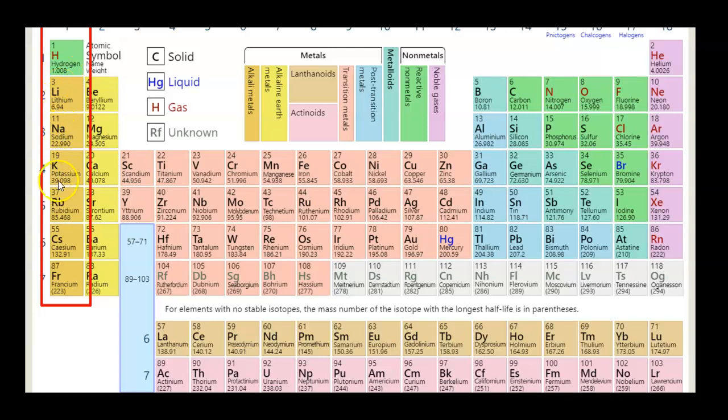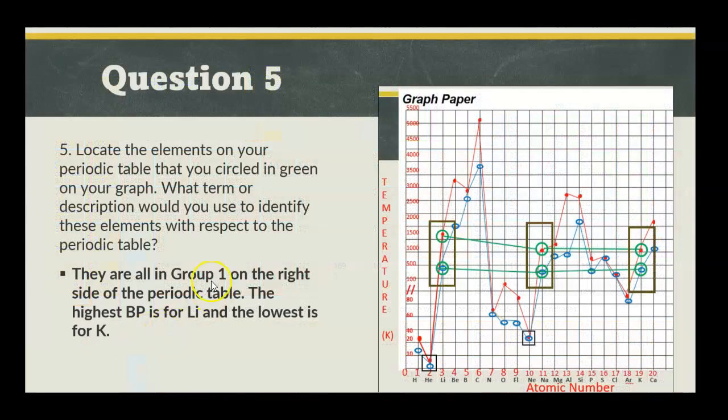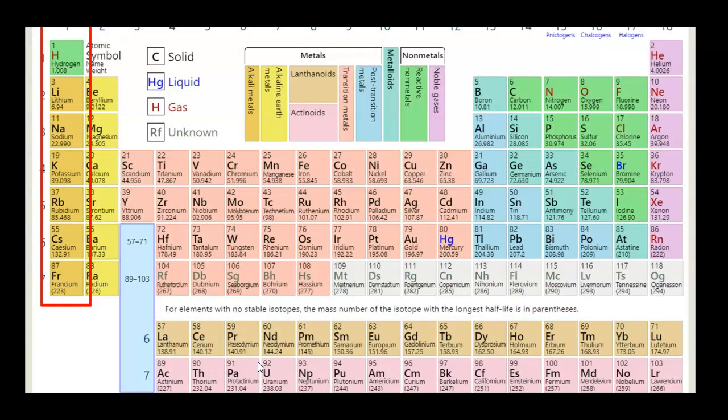Lithium, sodium, potassium, they're all in group 1 on the periodic table. It's on the very far left side. The highest boiling point is for lithium and the lowest is for potassium. They drop as the atomic number gets higher.